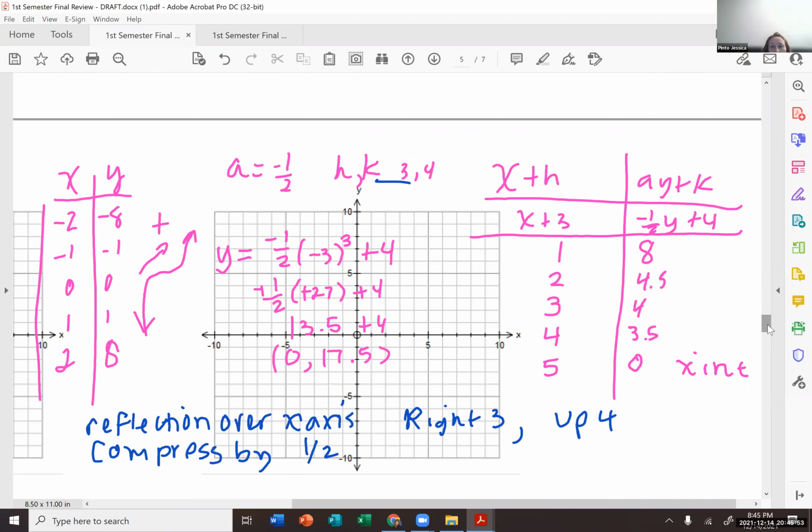And I start with 1, 8. I need the space back. Okay. 1, 8, 2, 4.5, 3, 4, 4, 3.5, and then 5, 0.